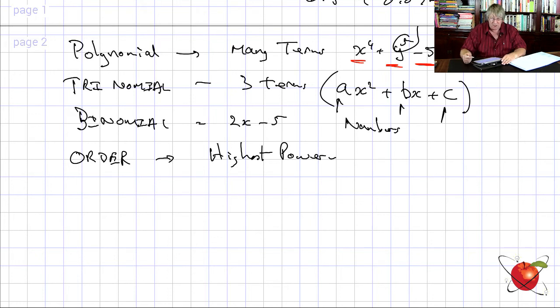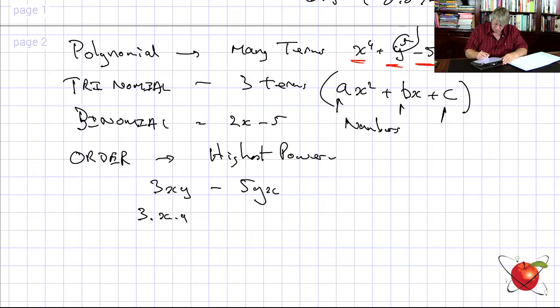Okay, like terms, we've discussed it. 3xy minus 5yx. Are they the same? Of course, yes. Why? What is not written between the 3x and y is 3 times x times y minus 5 times y times x. There's a multiplication sign in between. What does that mean we have to do?